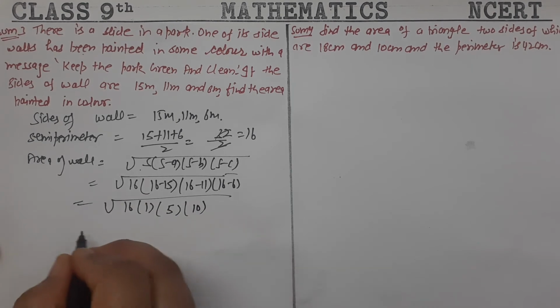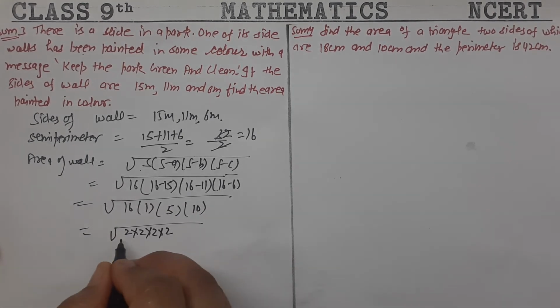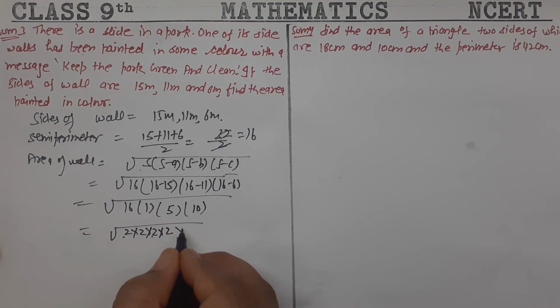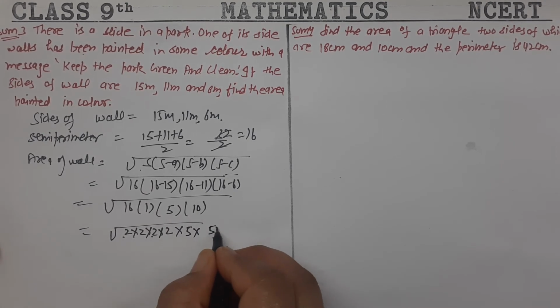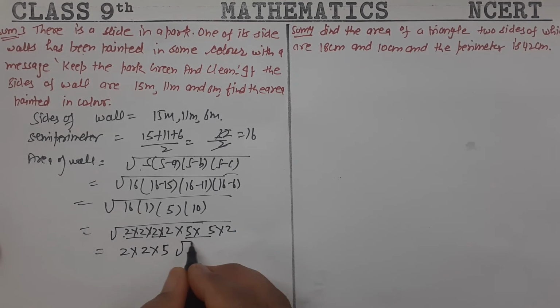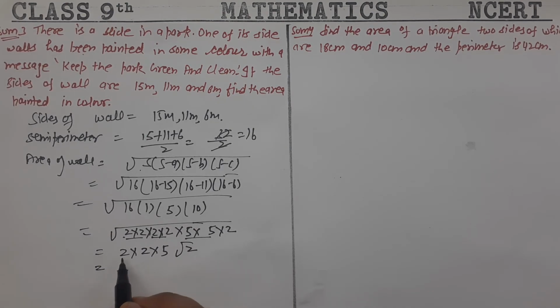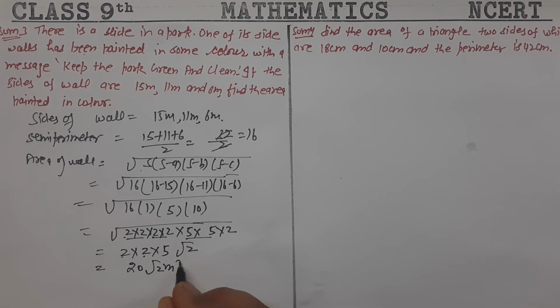Subtract. Factor: 2 into 2 into 2 into 2, 2 2s are 4, 4 2s are 8, 8 2s are 16, 5 same, 5 2s are 10. Make pairs, take out 2, 2, 5, and 2 stays in the square root because it is not in a pair. 2 2s are 4, 4 5s are 20, so 20 root 2 meter square is the area painted in color.